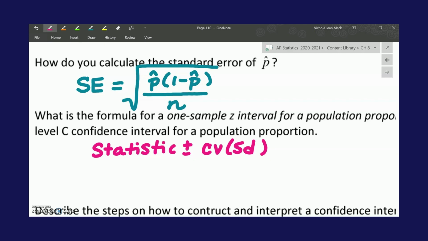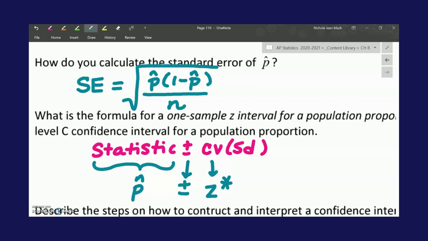So what is my statistic in this case? My statistic is what I get from a sample, and my sample is p hat. And then I'm going to do plus or minus. I always do minus first, actually, because you want to get the lowest number. And then your critical value for proportions is called z star. And we calculate that by doing inverse norm of the percentile.